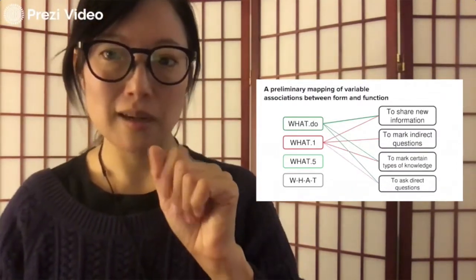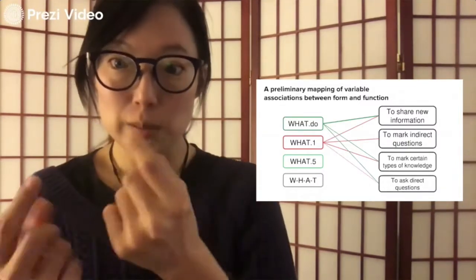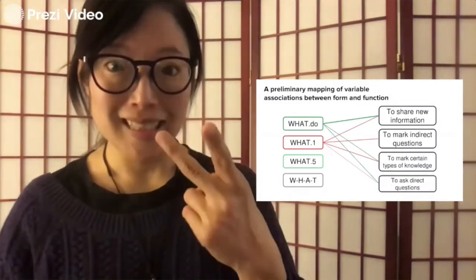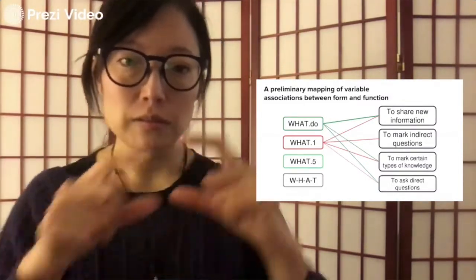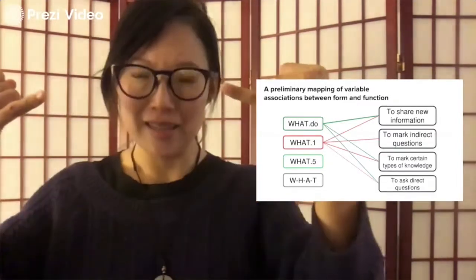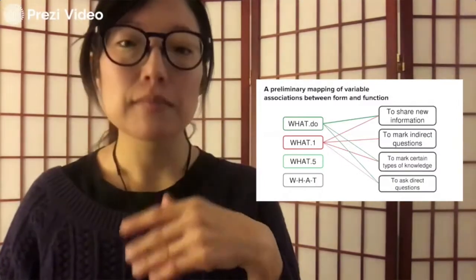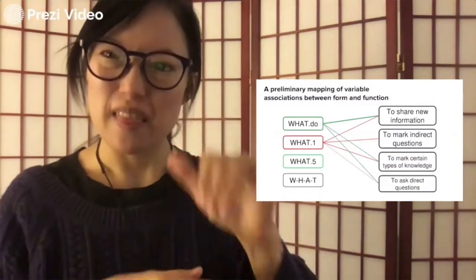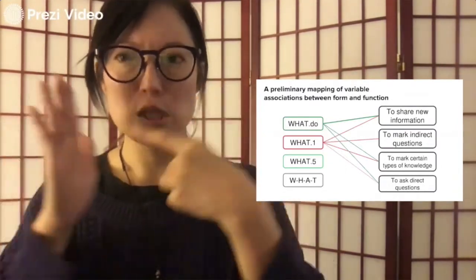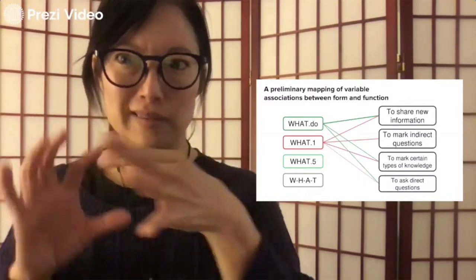Based on the data of the what do sequences, we propose that for the what do, there are several functions. Note, the box for the what do and the box for share new information are the most common function. The thick green line indicates strength of association. It's robust. The other functions of what do are not as strong.